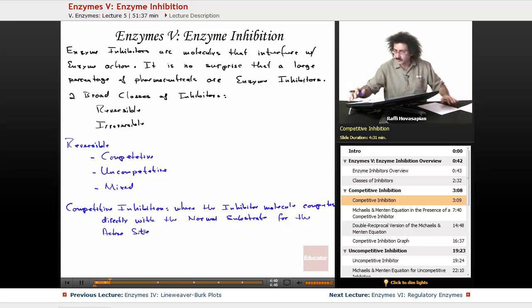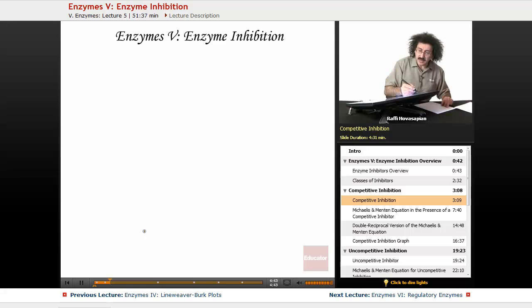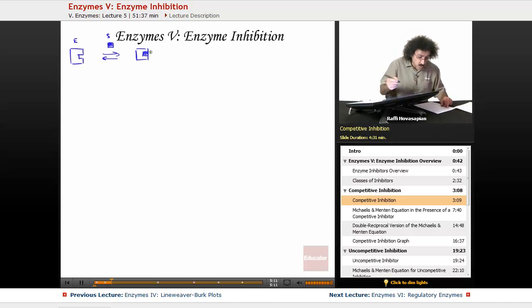So pictorially it looks something like this. Let's say you have some enzyme, it looks something like this. Let's say our normal substrate looks like that. When the enzyme and the substrate come together, I'll put S here, and E for enzyme, we end up with our enzyme substrate complex. Well, the inhibitor, let's say it looks something like that.